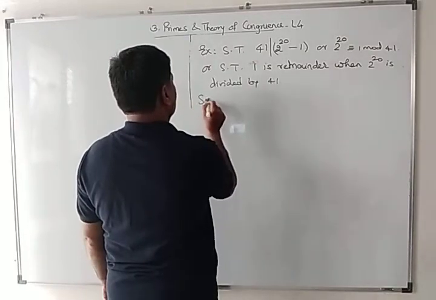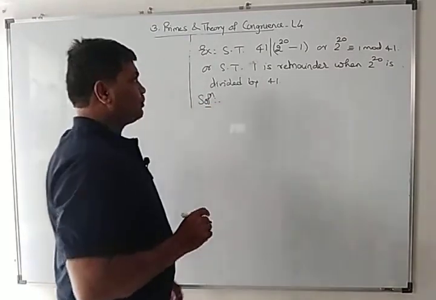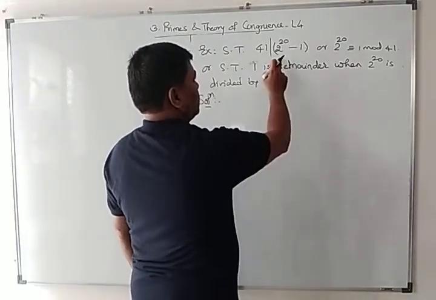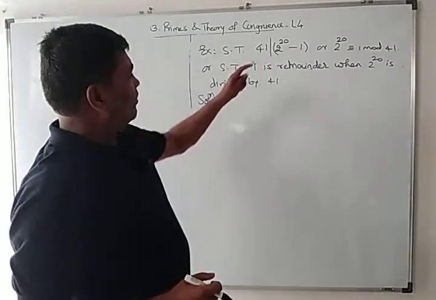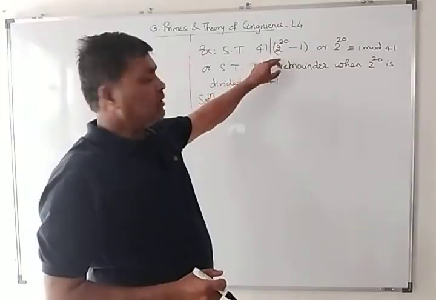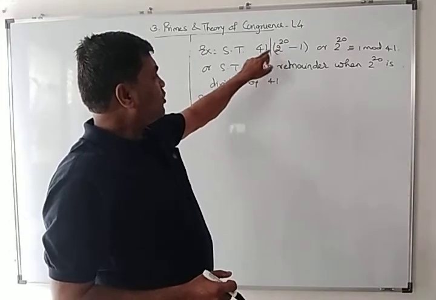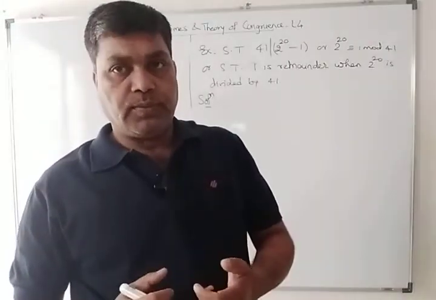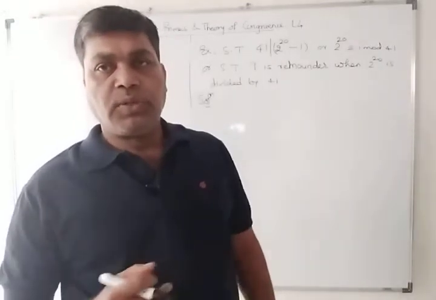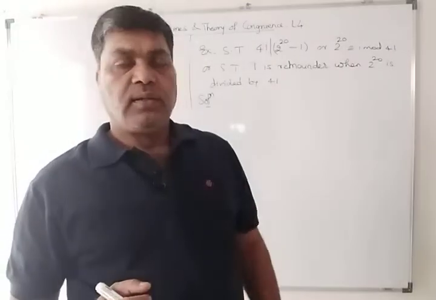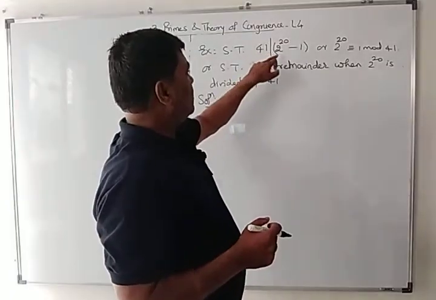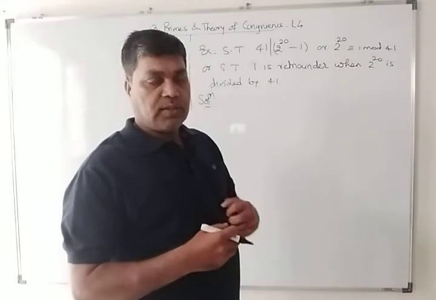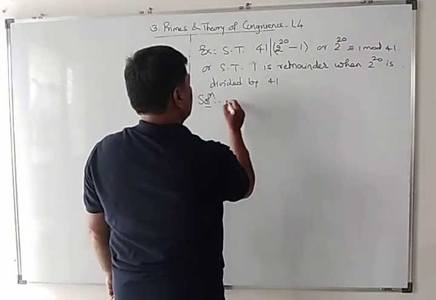Solution. 2 raised to 20. I will select a power of 2 which is closer to 41. So 32 is near to 41, and then I can find the remainder when 32 is divided by 41. It may be positive or negative.